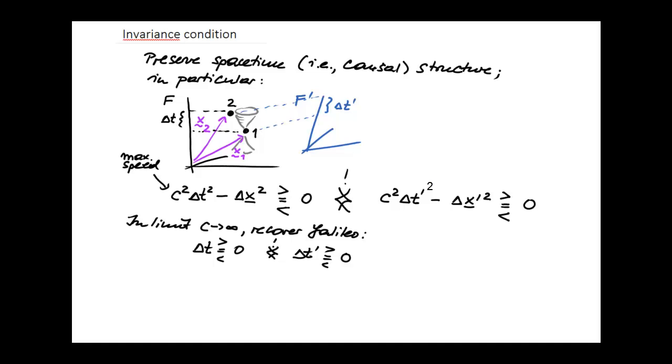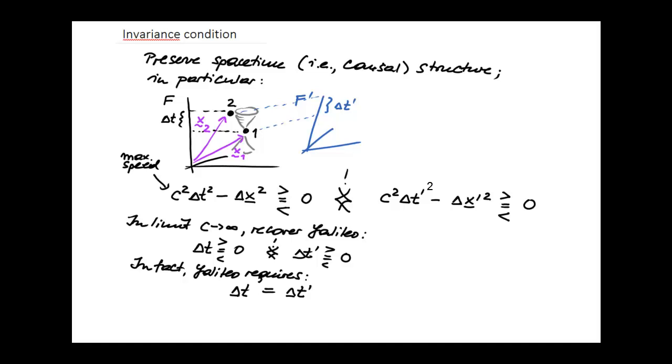But the requirement for the Galileo transformation goes beyond that. Galileo, in fact, requires that delta t equals delta t primed. So not only the sign, but also the magnitude, the absolute value of delta t is equal in all reference frames. Relativistically, we do the same here. We make the same requirement here.